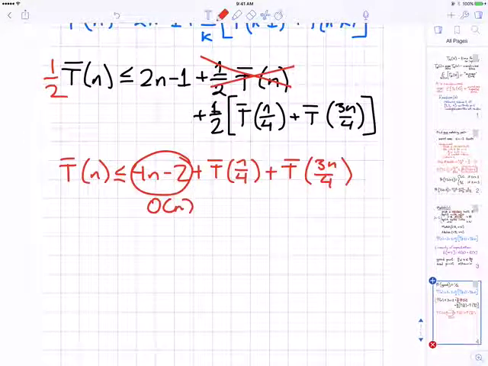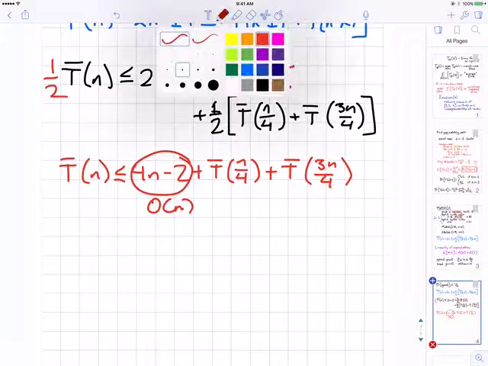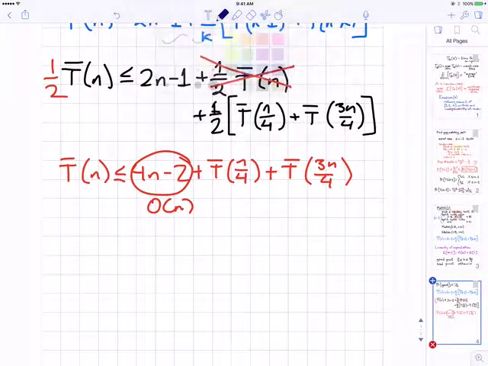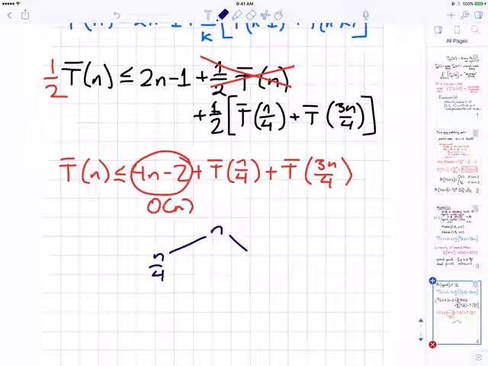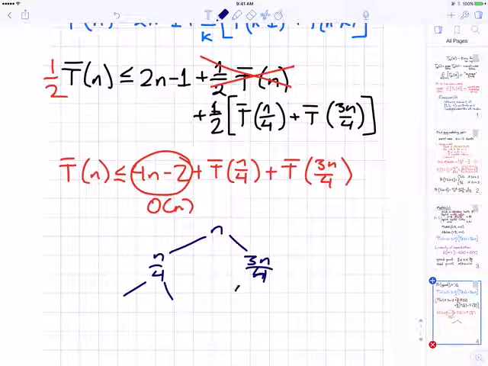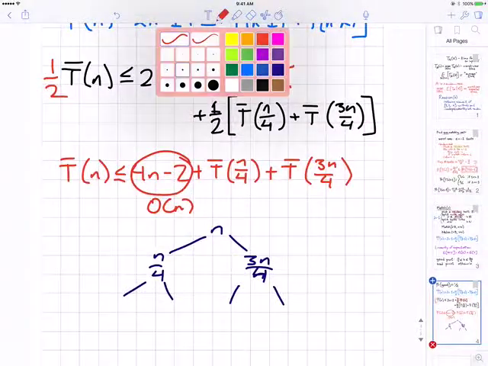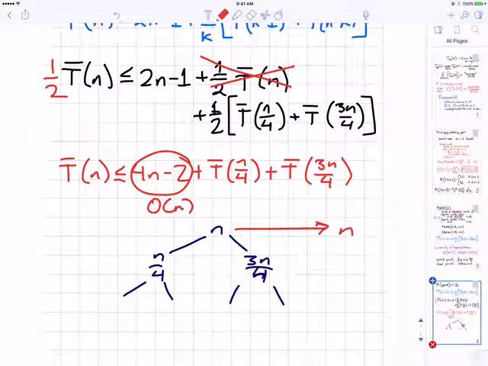Now I have a recurrence which I can solve using the standard recursion tree argument. I have a tree where at the root I do 4n over 2 work, which I'll just abbreviate. Then on the left side I do n over 4, and on the right side I do 3n over 4, and so on. At every level of the tree I'm doing n work.